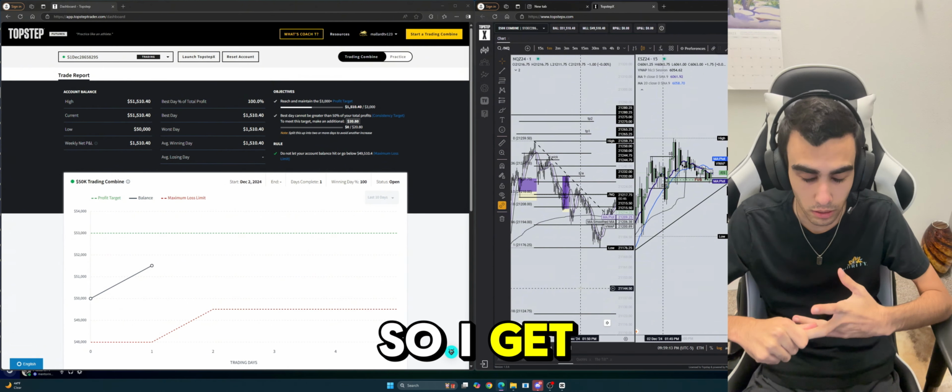Once that gets hit, liquidity is swept, and then you can play it for a long or short, depending on whichever direction the liquidity sweep was. That's the best way to explain what liquidity is in part one.